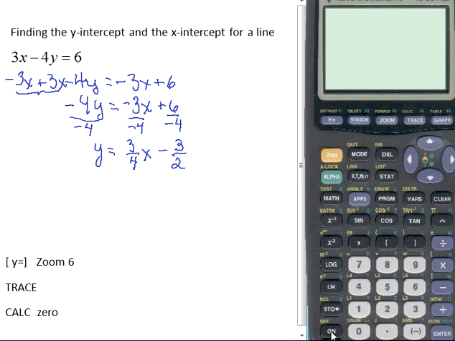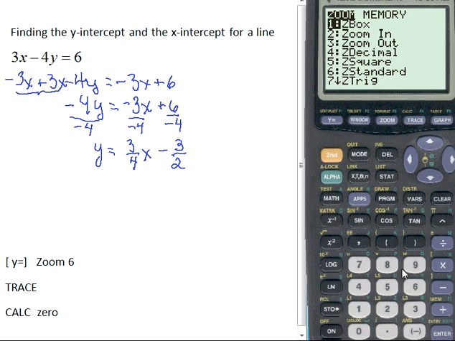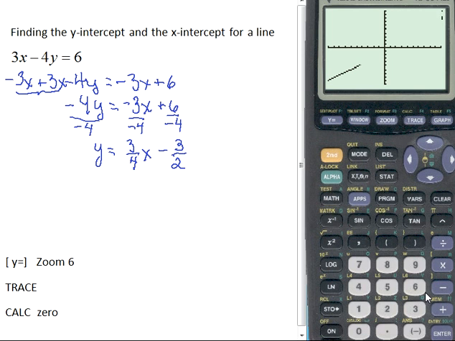Alright, so turn on the calculator and go to y equals and clear out our last function, and then enter 3 divided by 4, x minus 3 divided by 2. And we're going to use zoom 6 to put us in a standard window and let it graph.